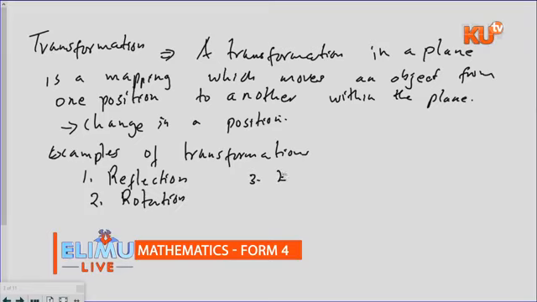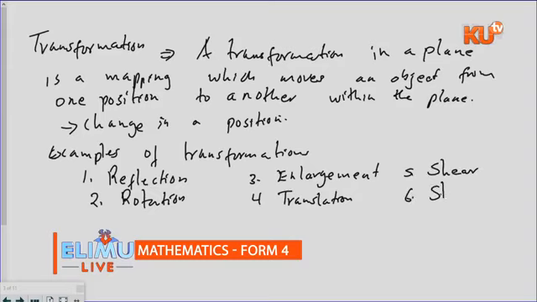Number 3, we'll discuss enlargement, and number 4, we'll discuss translation. And as I've said, these first 4 are covered in Form 2. So Form 4 then is going to add something new, that is what we call the shear, and then number 6, we discuss what we call a stretch. So these are the transformations that are covered in this topic.